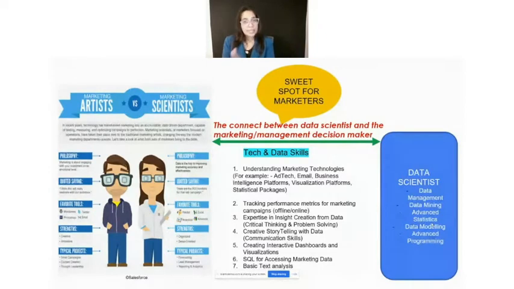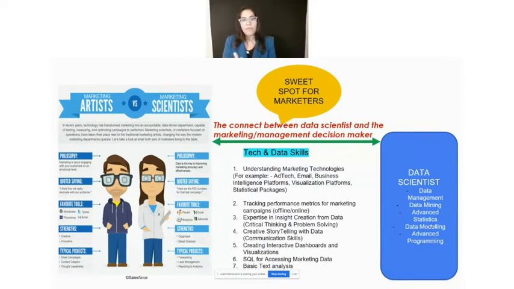A data scientist, who could have an engineering background, a computer science background, or an information and decision sciences background, could be doing more of data management, data mining, statistics, data modeling, advanced programming. The courses which are available in the universities for these are very highly technical and not really palatable by marketing students. I've had students who would love to get into that space, but it's too technical for them, or maybe their learning ability or interest is not aligned to that.